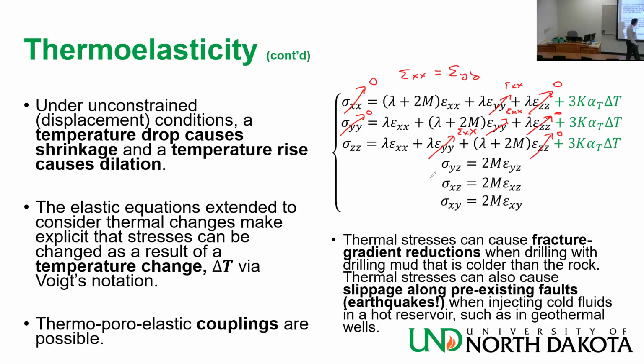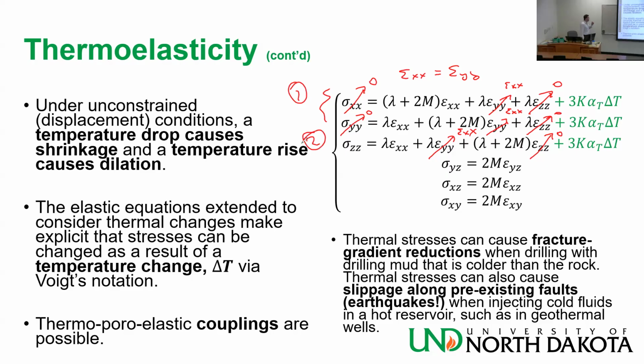I have basically 3 equations, but if I look at them well, the first 2 are the same, okay? Because I said epsilon xx equal to epsilon yy, and epsilon zz is 0, so it doesn't affect any of them. Those 2 are the same. So I have basically one equation and another.